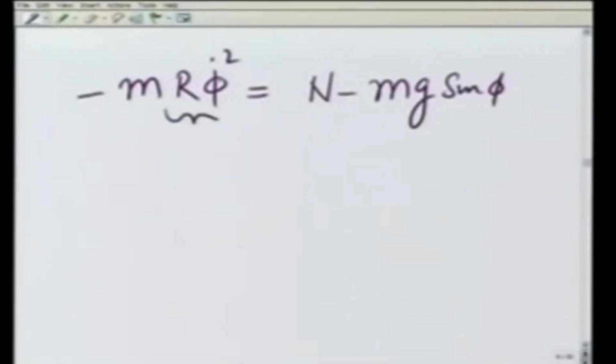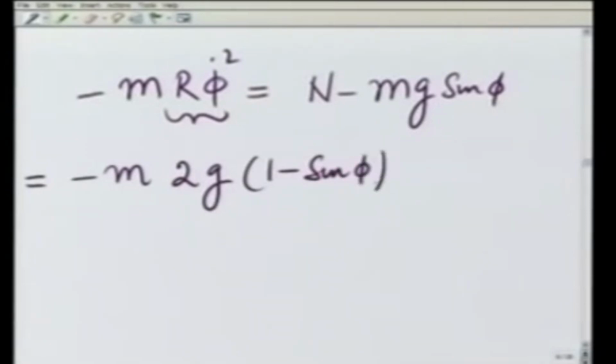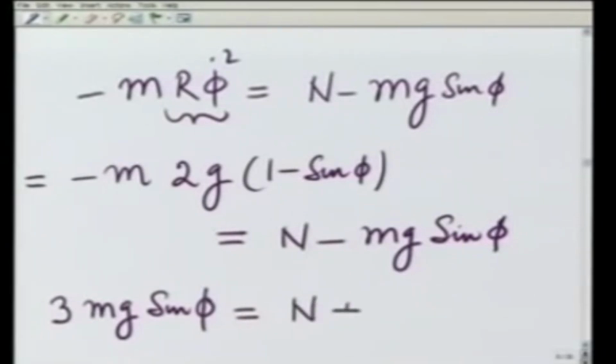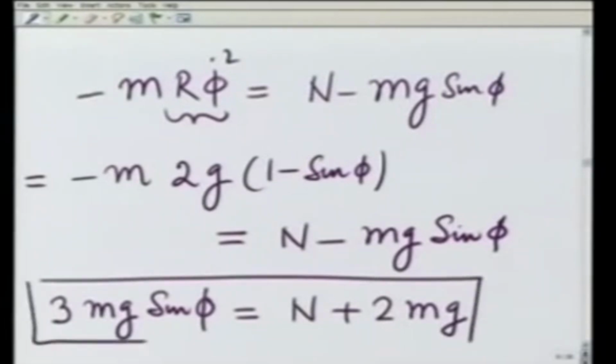I substitute for r phi dot square that I just derived, and I get minus m 2g (1 minus sine of phi) is equal to N minus mg sine of phi, which gives me, after reshuffling, 3 mg sine of phi is equal to N plus 2 mg. This gives me the normal reaction as a function of phi.